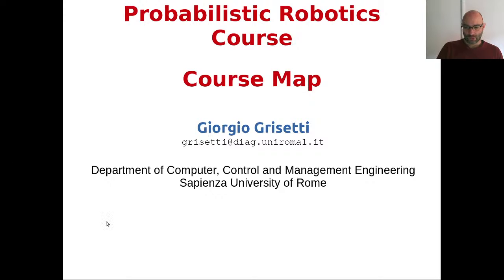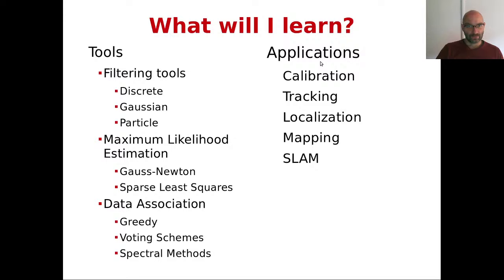So we started with high hopes, right? This was copied from the introduction. I promised you that we would learn filtering tools with discrete, Gaussian, and particle filters, and that we would do a lot of maximum likelihood estimation, which is actually what we have done in the second part of the course. I promised you that we would do data association, and we have done it with greedy heuristics and with voting schemes.